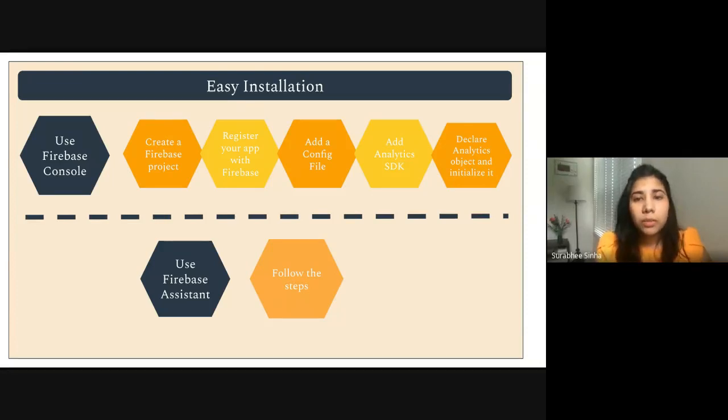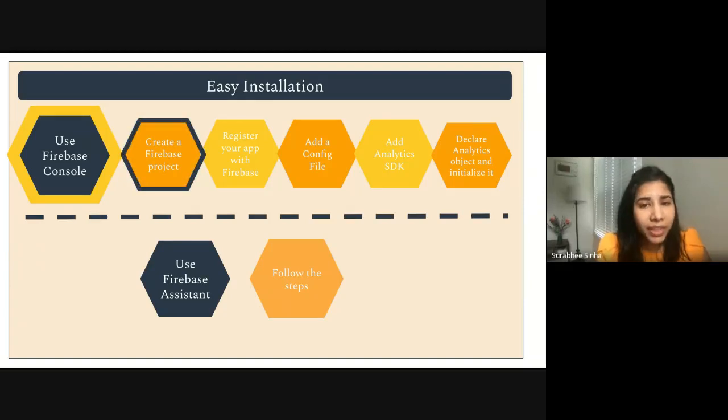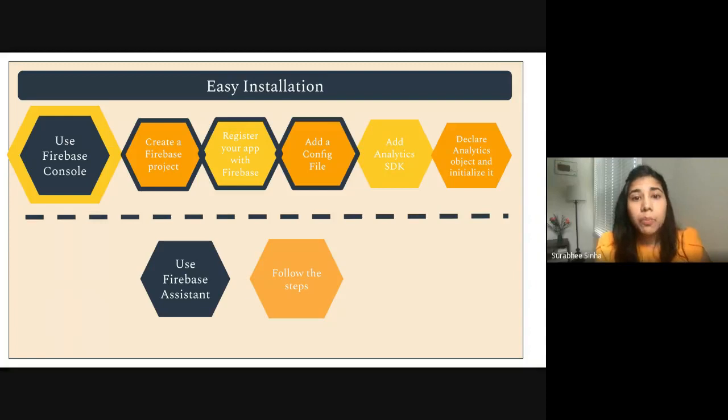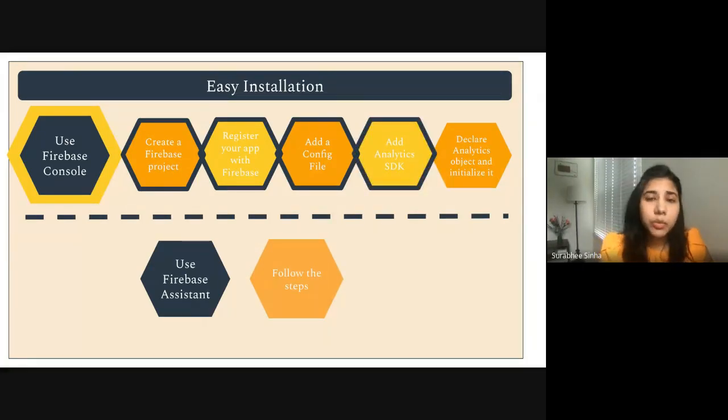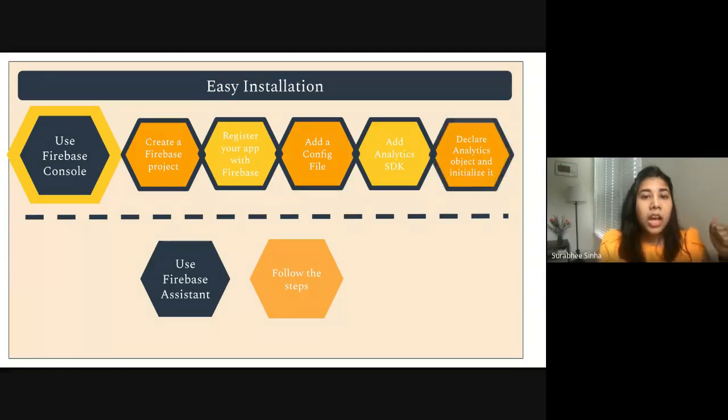First, you need to create a project, register your application with Firebase, add a configuration file, add the Analytics SDK to your application, and then you're just left with declaring the Analytics object and initializing it. If you're an Android developer creating an Android application using Android Studio, then you can simply use Firebase Assistant, a plugin which can carry out most of the installation steps by itself for you.